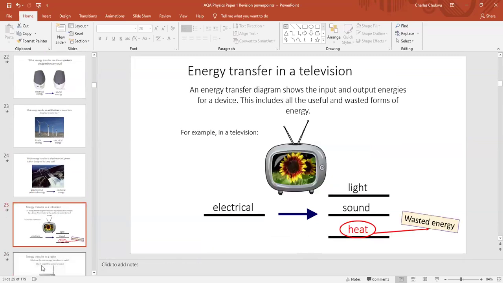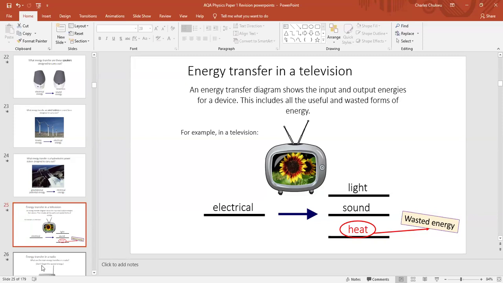For a television, there are a couple of things that are happening. It's not just one line conversion. It's electrical energy that goes into the television set, but things come out from the television set. Number one, light. Then you also hear sound from the signals of the station, and then, of course, heat.